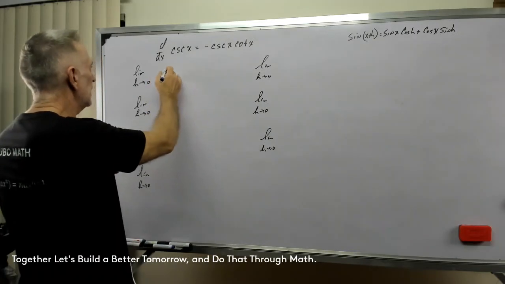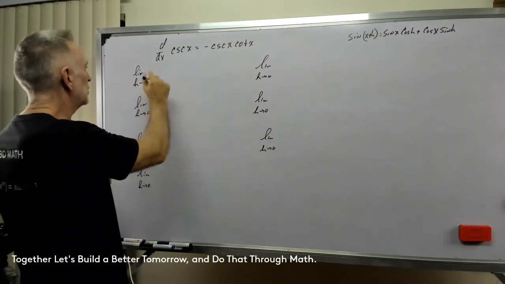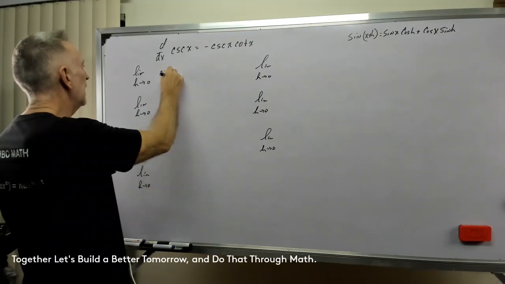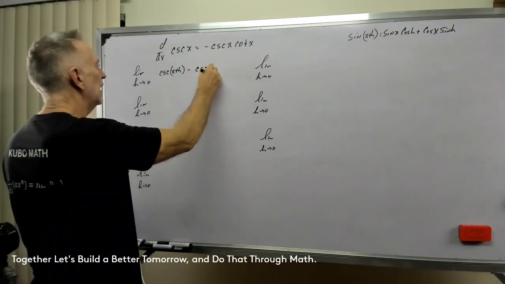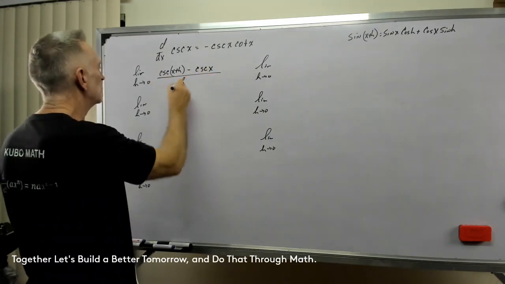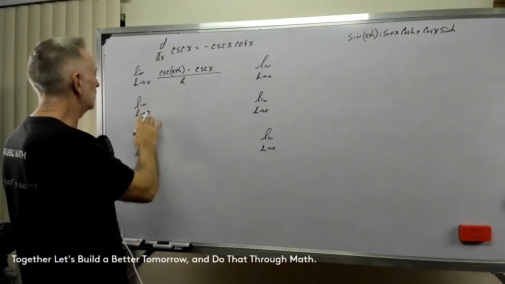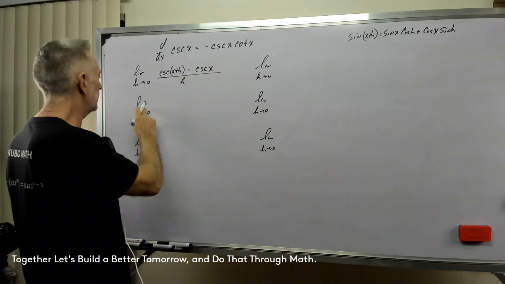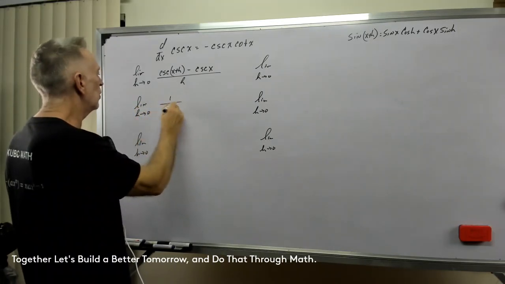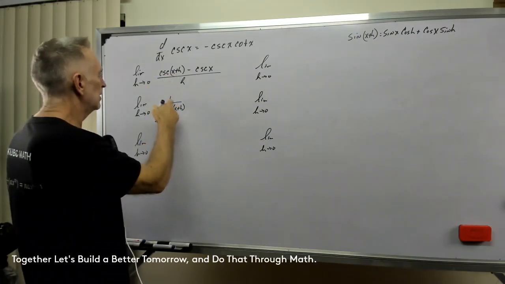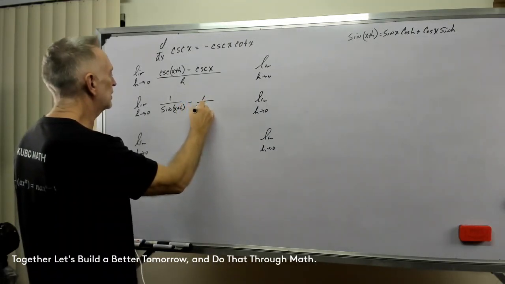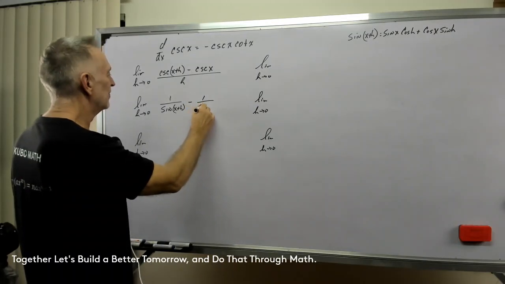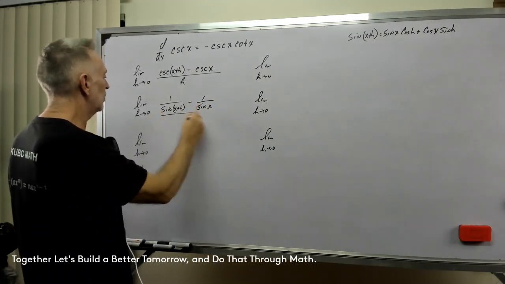So let's take the limit as h approaches 0 of cosecant x plus h, you know the formula here, minus cosecant x, all over h. Now, cosecant is 1 over sine, so the limit as h approaches 0 of 1 over sine x plus h, minus 1 over sine x, and all that's over h.